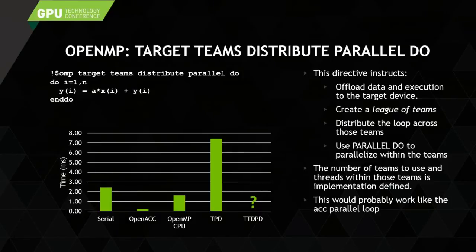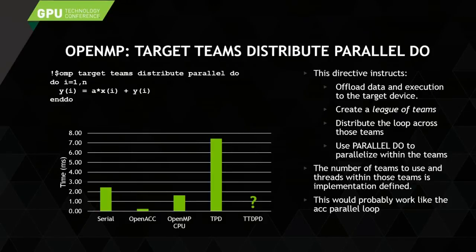So with this directive, once again, we take our execution and our data and we offload it to the GPU. But now, instead of creating one team, we create what we call a league of teams. And how many teams we create is implementation defined. So if the user doesn't specify how many teams to create, the compiler has the freedom to choose that.